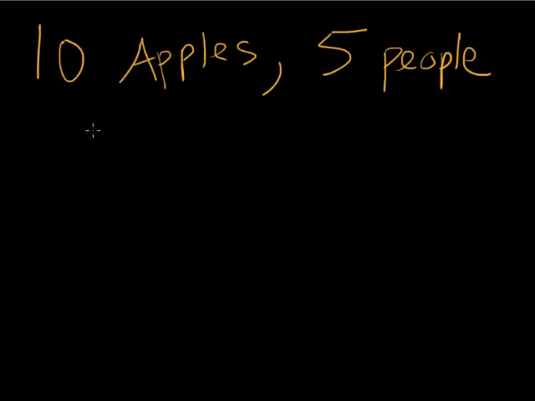Alright, so we'll try a second example where the problem is that of division. Let's say we start with 10 apples and we want to give them to 5 people. So the question is, how many apples does each person get? This is a division problem because we're trying to distribute. Division means to distribute.